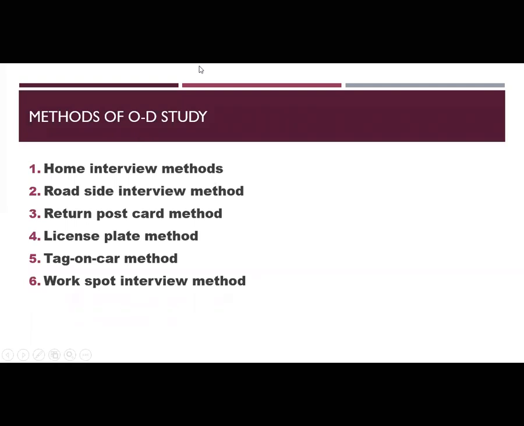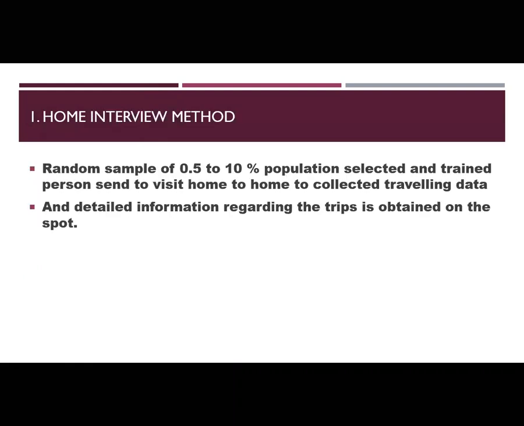The methods of origin and destination study are: home interview method, roadside interview method, return postcard method, license plate method, tag on car method, and work spot interview method. These methods are carried out to get the data. The first one is the home interview method, where trained persons go to a random sample of the population, about 0.5 to 10% of the total population of the area.